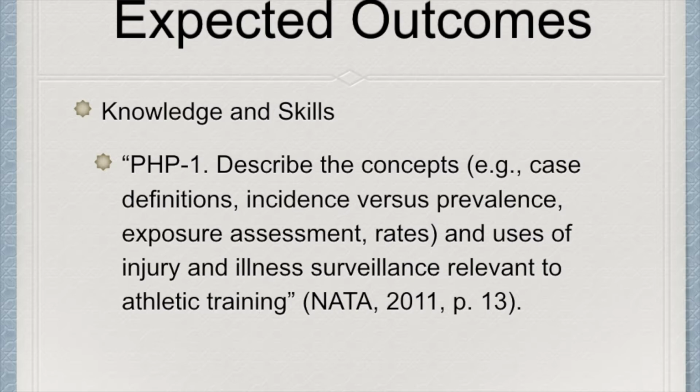Describe the concepts, for example, case definitions, incidence versus prevalence, exposure, assessment rates, and uses of injury and illness surveillance relevant to athletic training. So somewhere in our curriculum, we have to make sure that that knowledge area is being taught in at least one area in a course.